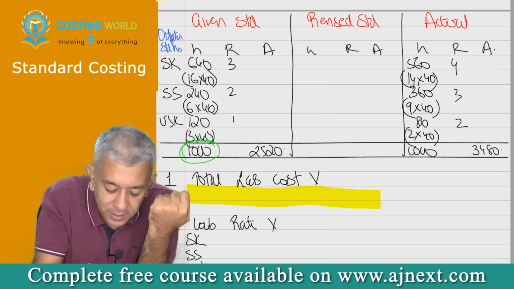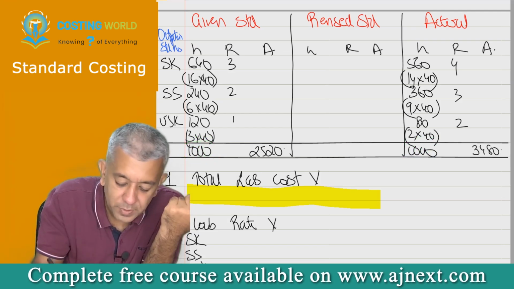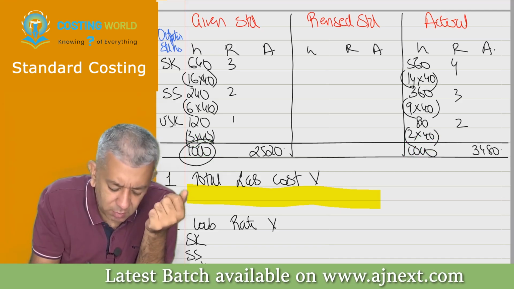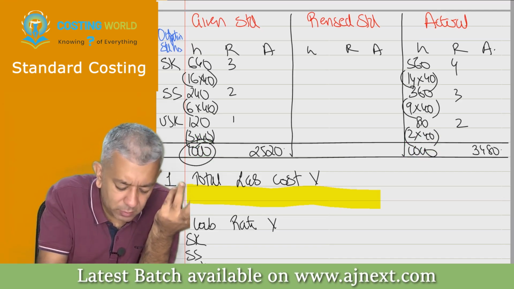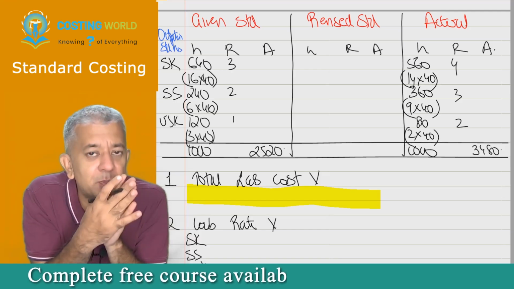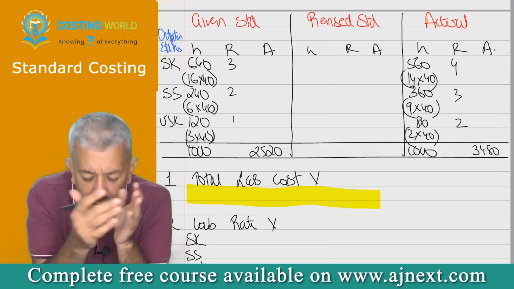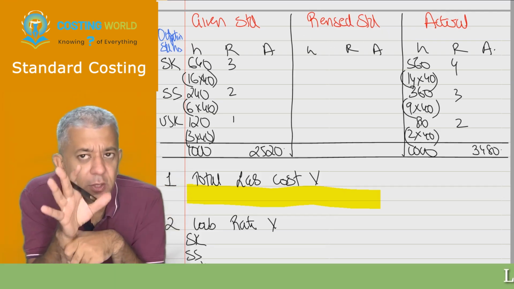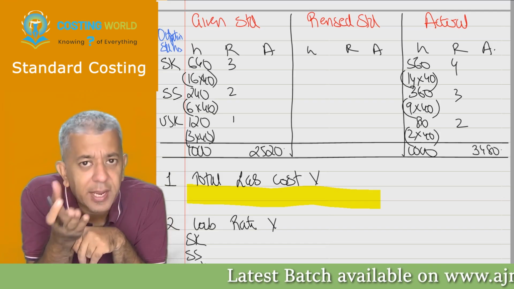Do you require a revised standard? Yes. Obviously, if they are the same, what will I do? Even if they are not the same, what will I do? I don't have to match them in any case. We always prepare revised standard for actual output. That is what we have done in all the questions. So I require output.